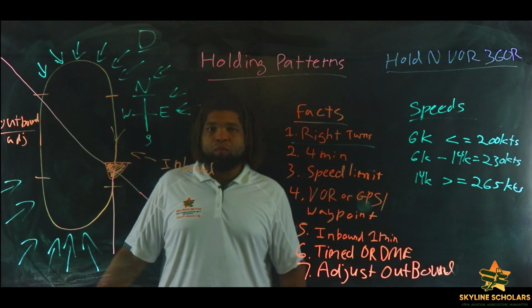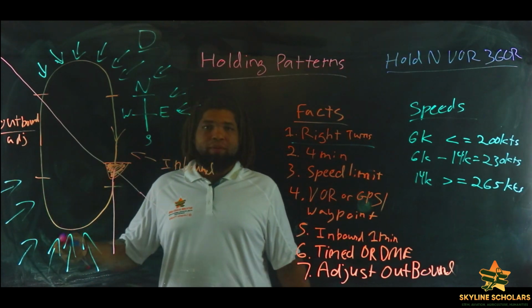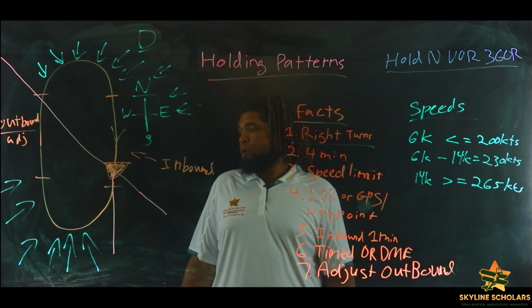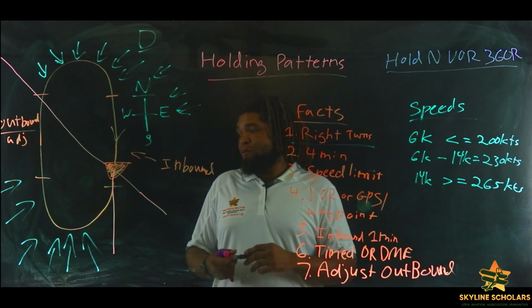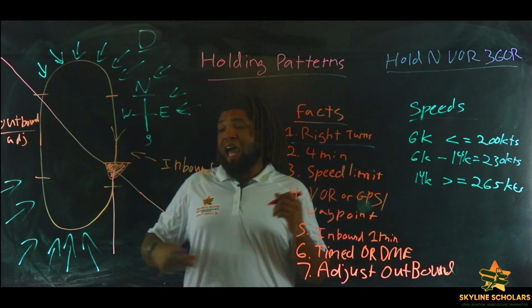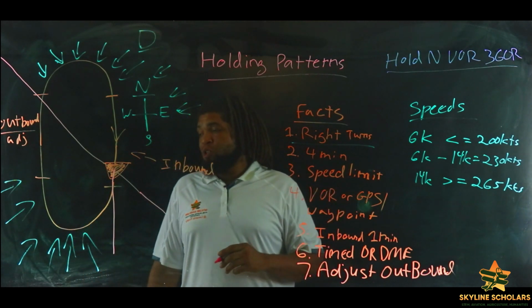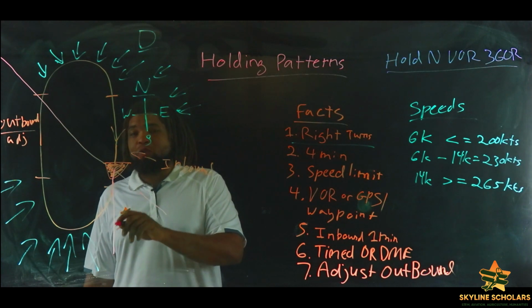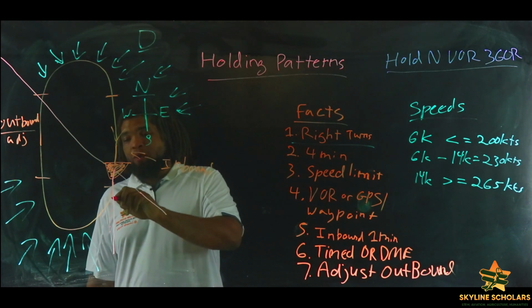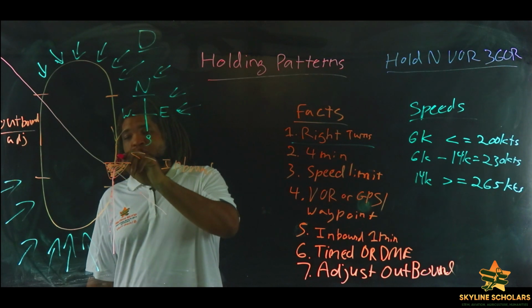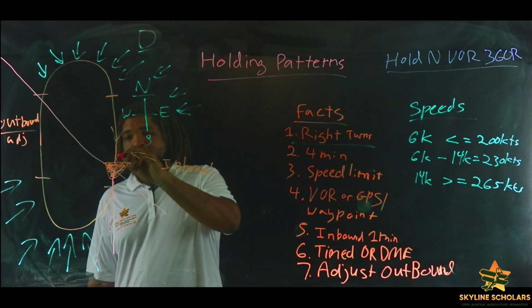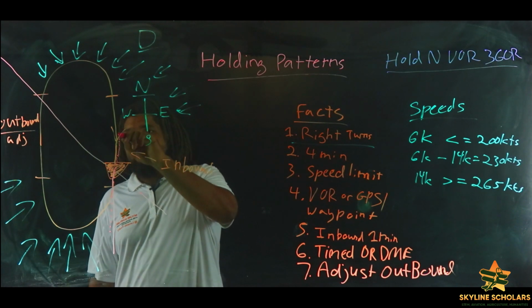Okay. What if we're anywhere in this region? What do we do? If we're anywhere in that region, which is opposite the VOR, what you can think about this is if you're opposite the direction that you're supposed to hold from, you can come in and actually follow the inbound leg.